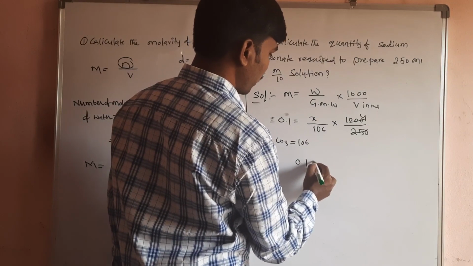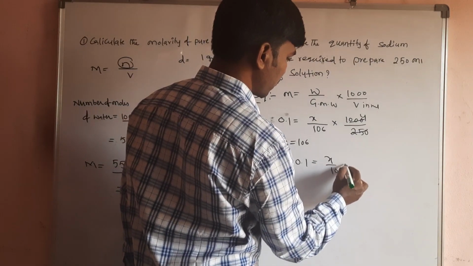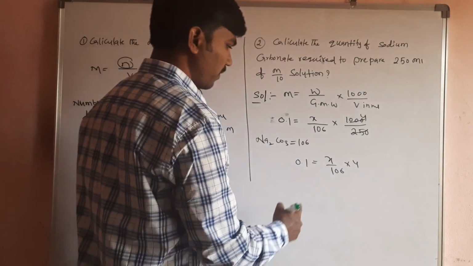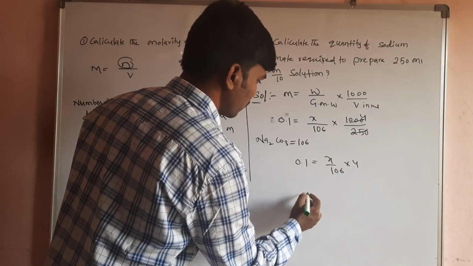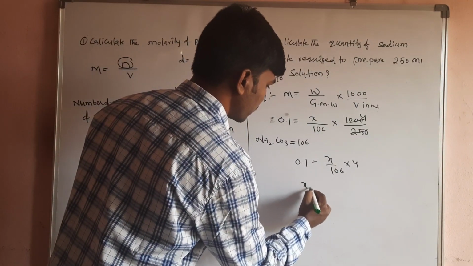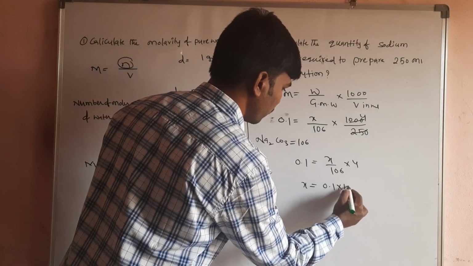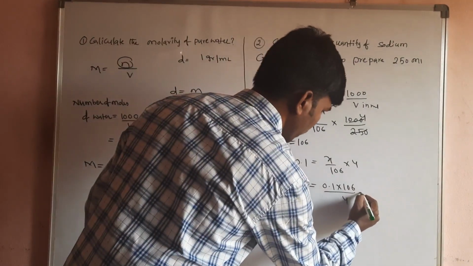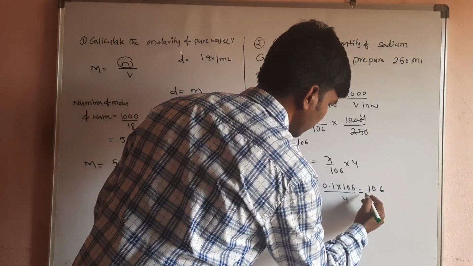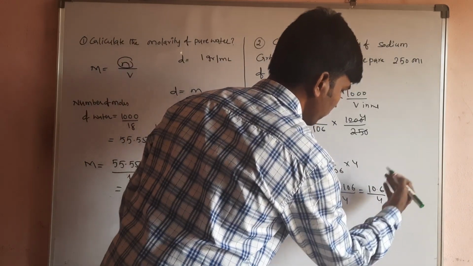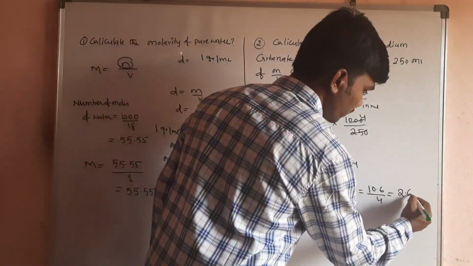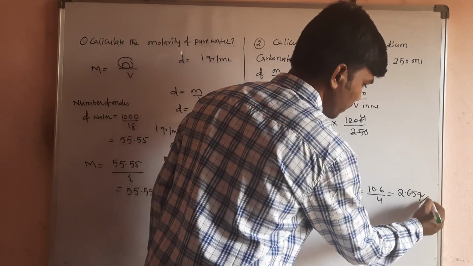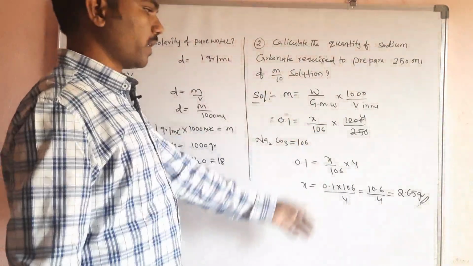So 0.1 is equal to x by 106 into 4. Therefore x is equal to 0.1 into 106 upon 4. 0.1 into 106 is 10.6, and 10.6 by 4 is 2.65. So 2.65 grams are required. Like this we can solve very easily.